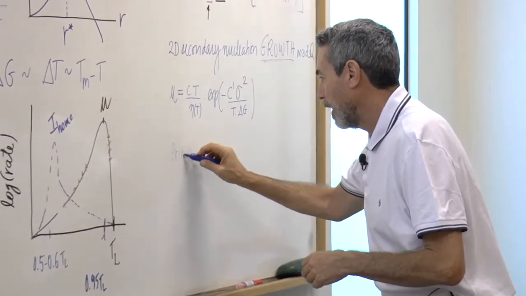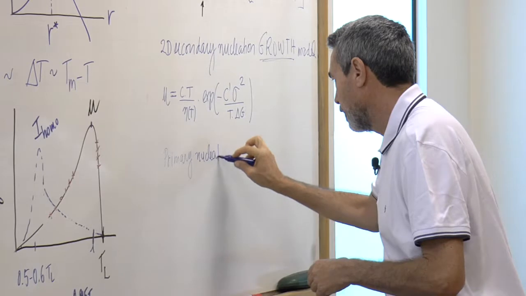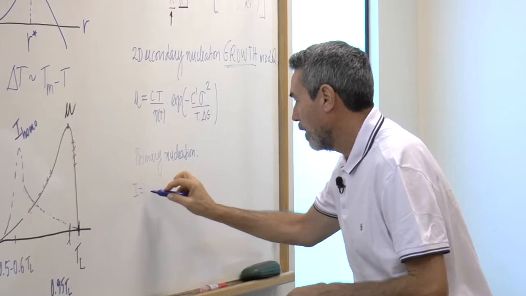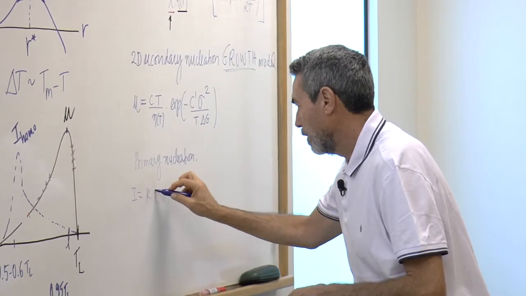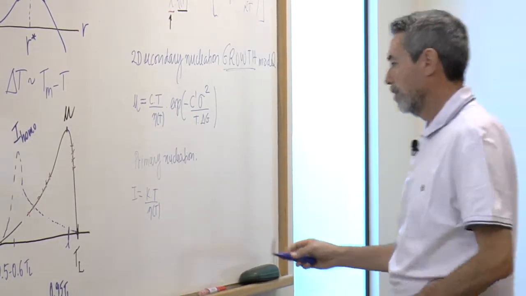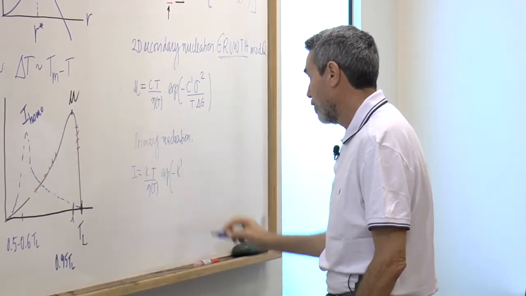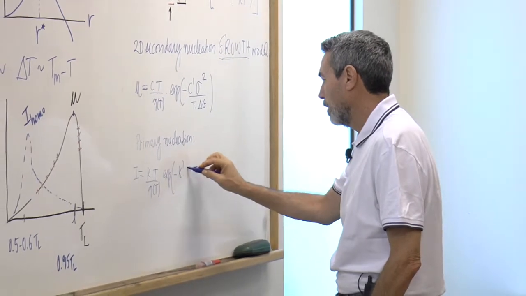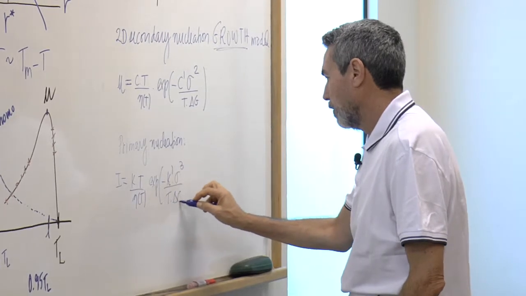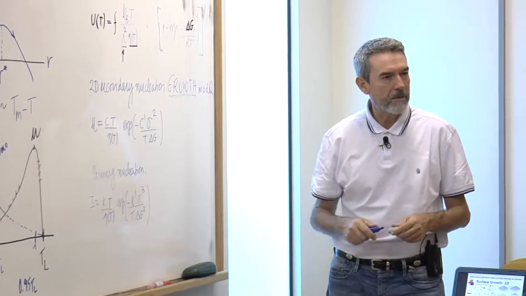Just from last class, the expression is I is some constant T over eta, exp minus some constant dash sigma square over T delta G square, right? This is what you have been working with.